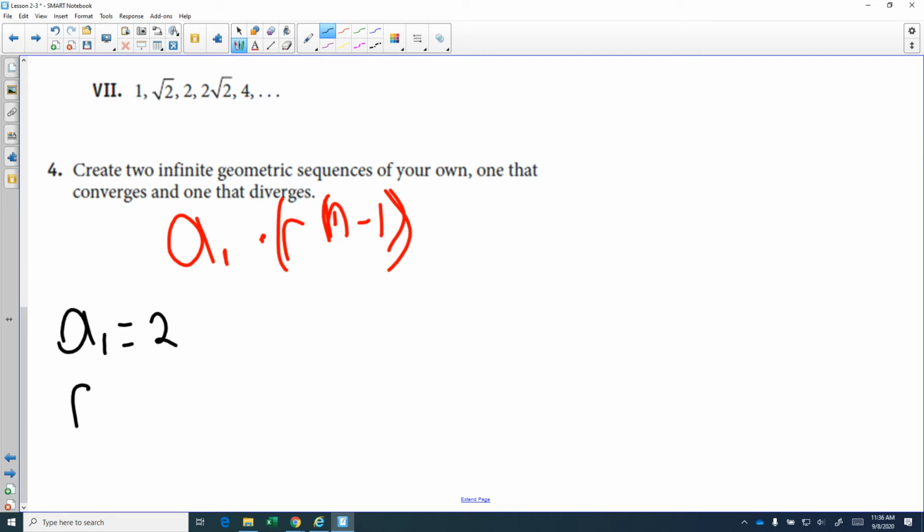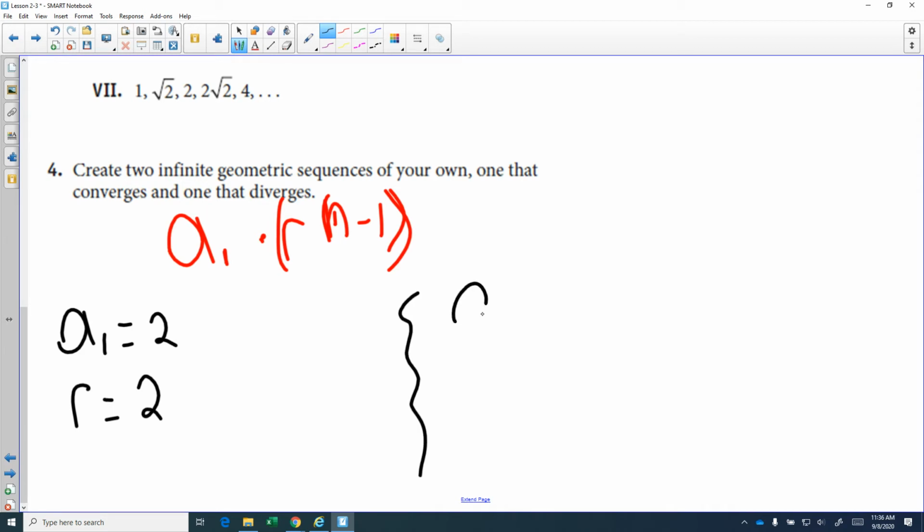Now, the big thing that's going to cause differences in this problem is your ratio. And we're going to play around with that ratio. Okay? If we go back to the last situation, we talked about how a ratio is really a growth or decay function. Your ratio really determines whether you increase or decrease in any sort of pattern. For example, if you have a ratio of 2, you're going to continuously grow because you're multiplying by 2 each time. No matter where you start, you're always multiplying by 2.